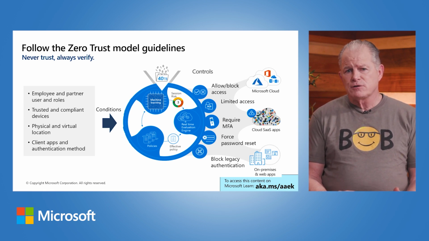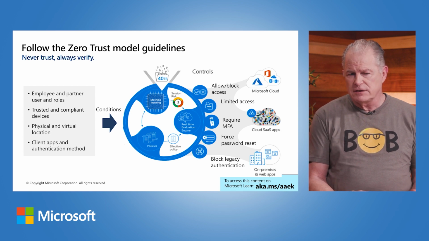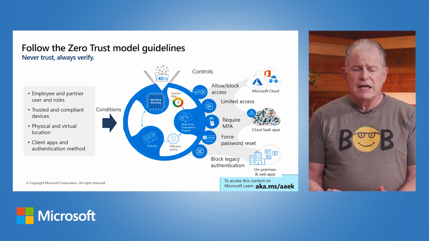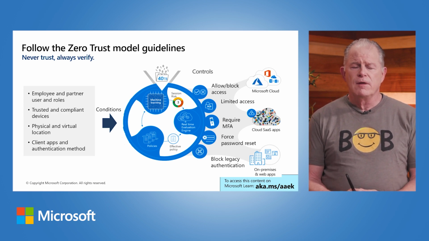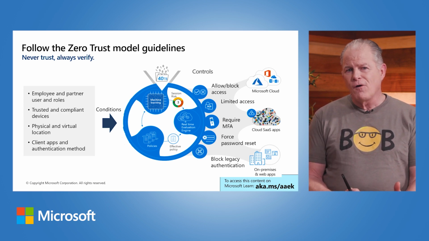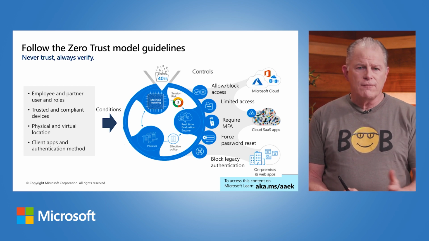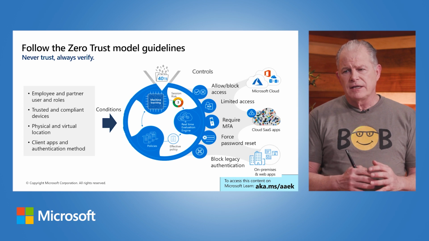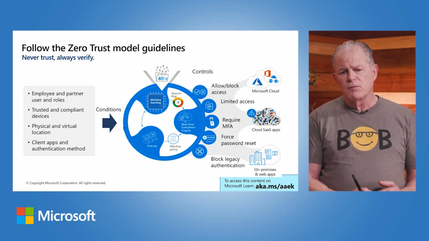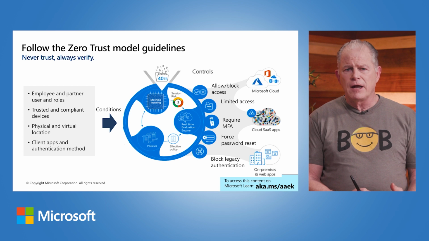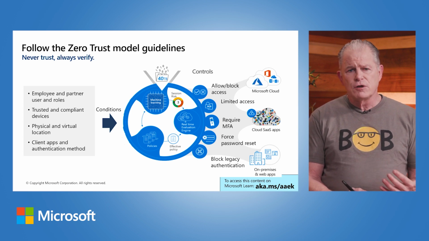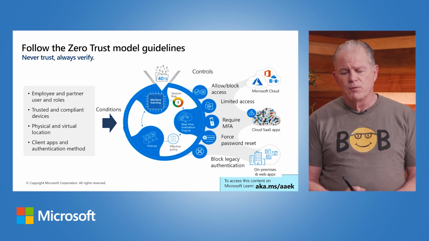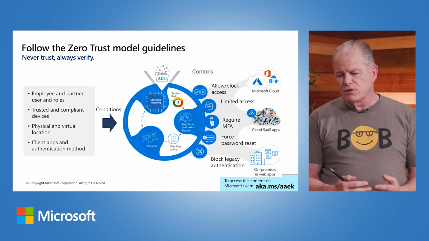My username and password being used on a secure device in a secure location to access secure data is a completely different persona than Bob on his phone in a public Wi-Fi at a coffee shop trying to access that same data. So we want to be able to identify device types that you're working with. Are they compliant or not compliant? What is the condition that you're working in to be able to have this conditional access control that we work with?